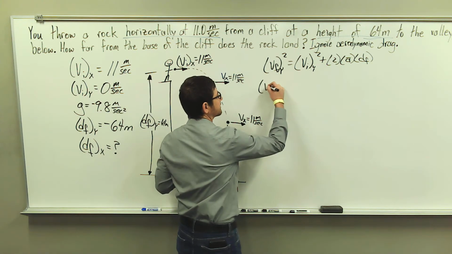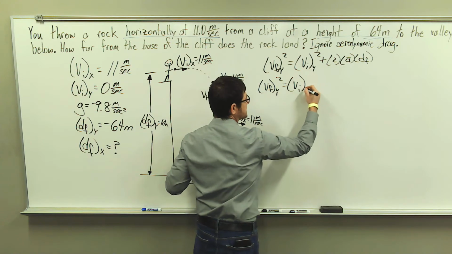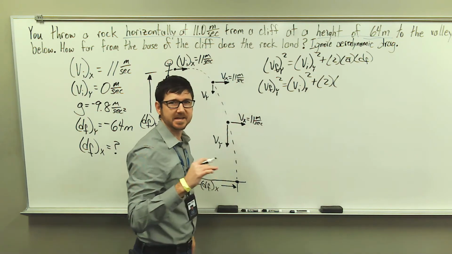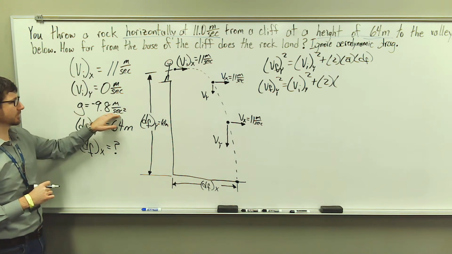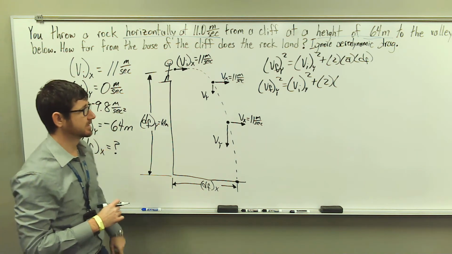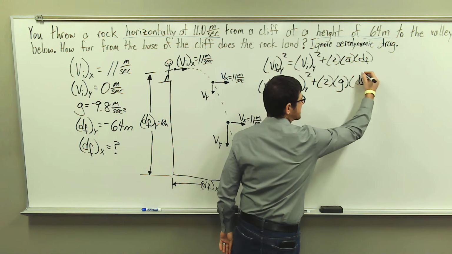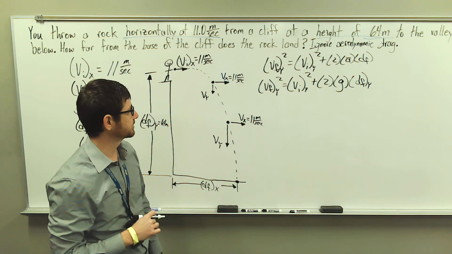So we have final velocity in the y direction squared is equal to initial velocity in the y direction squared plus 2 times our acceleration, and we've already identified that the acceleration that the rock experiences is the acceleration due to gravity, so lowercase g, times d sub f sub y, our final displacement in the y direction.